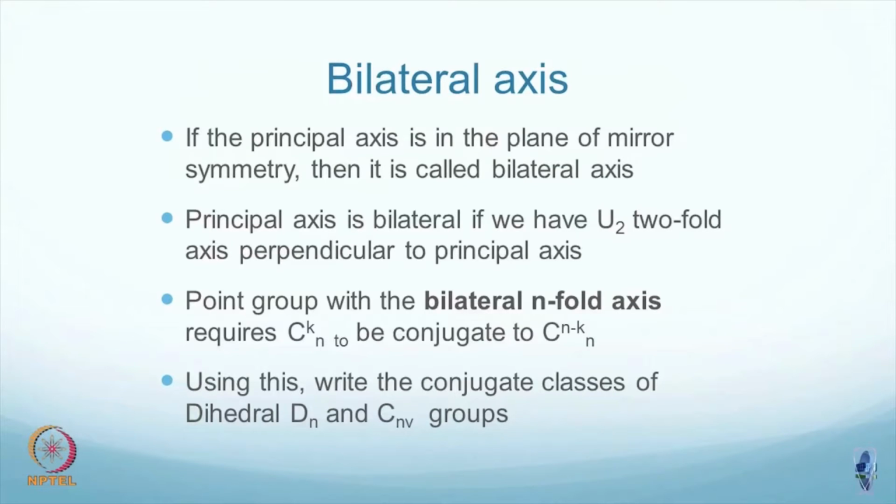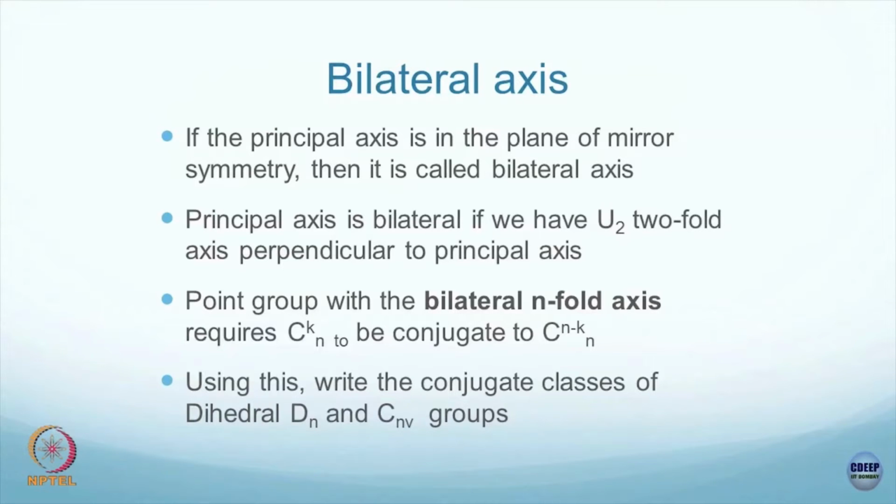So, this I also said in passing, bilateral axis: if the principal axis is in the plane of mirror symmetry, that is, if it had a sigma_v plane, then the axis is called a bilateral axis. Similarly, if you had a two-fold axis, which I denoted in the last lecture as U_2, if the U_2 axis is perpendicular to the principal axis, then also you call the principal axis bilateral.